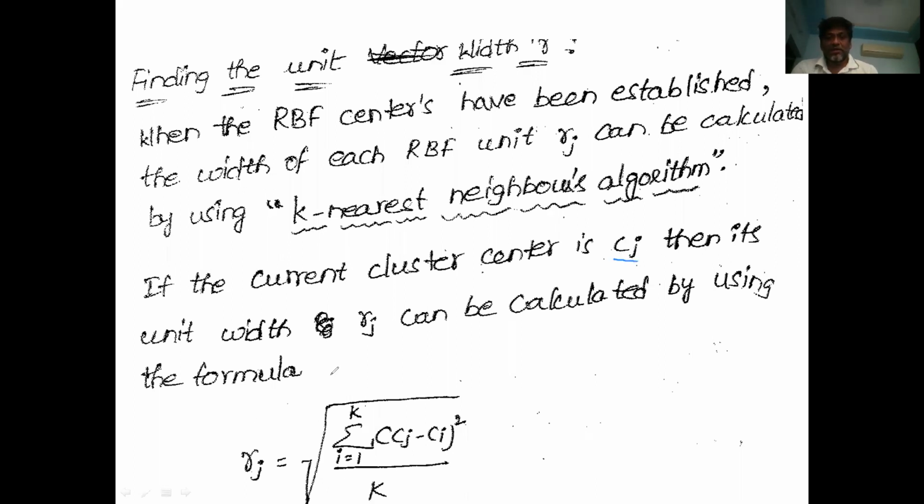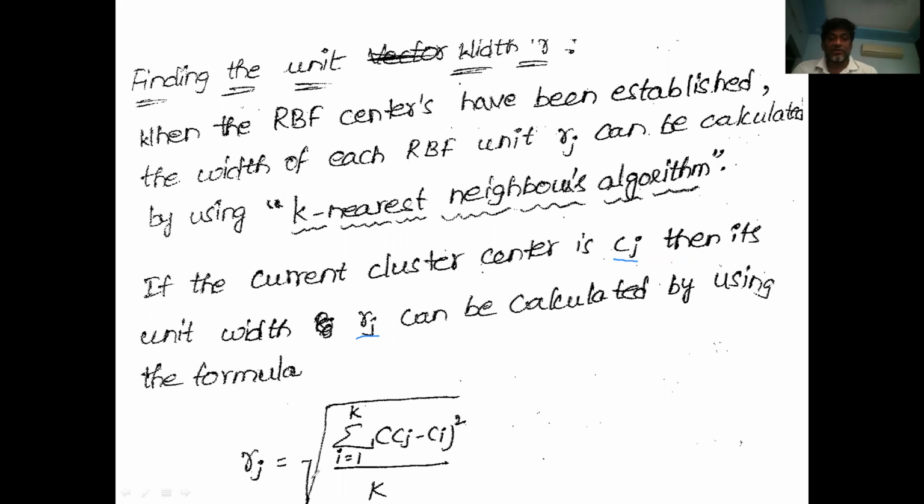And then its unit width Rj can be calculated by using a formula. Rj is equal to square root of summation i equals 1 to K of (Cj minus Ci) whole square by K. So this will be the formula to calculate the unit width.